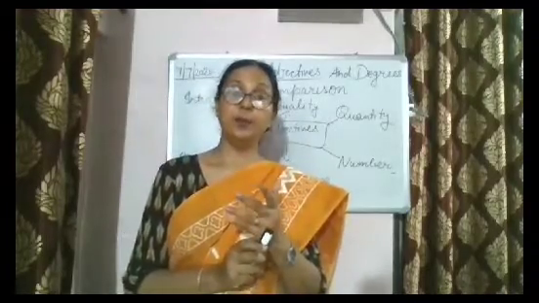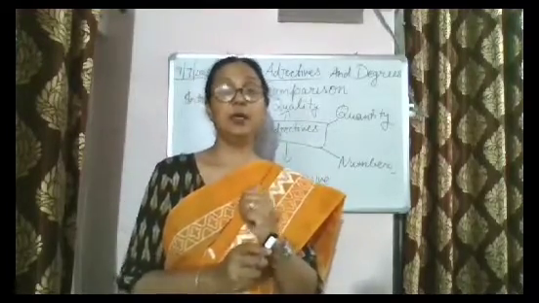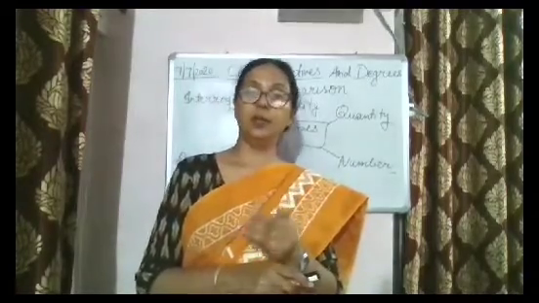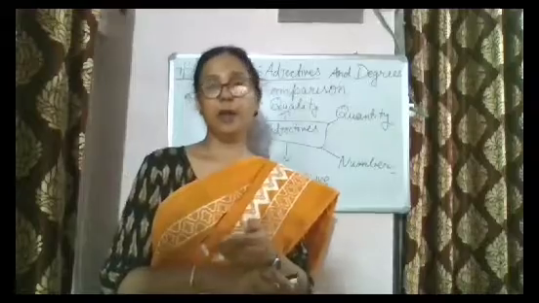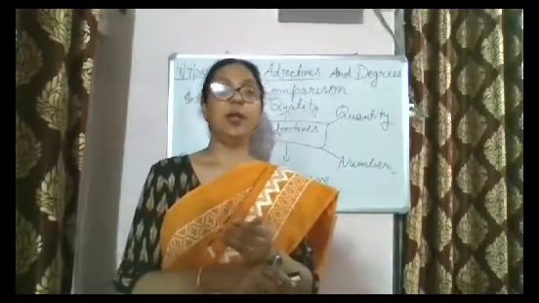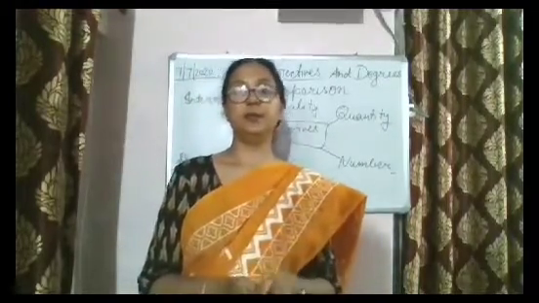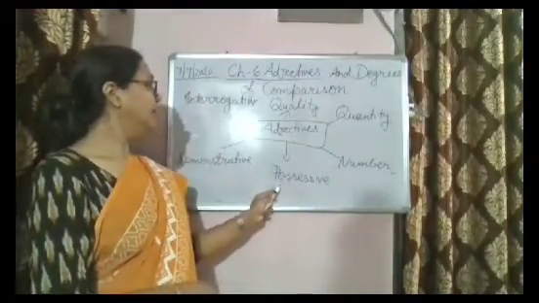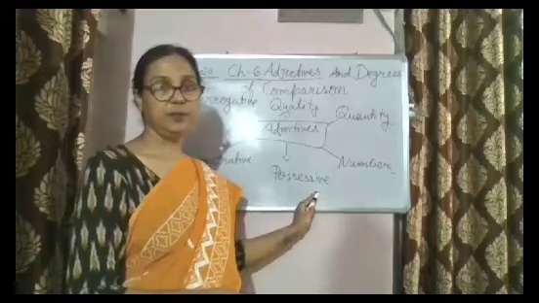Now one person, or seventh position. These are words that can be ordinal or cardinal. So these are called adjectives of number. Now let's move to the possessive adjective.